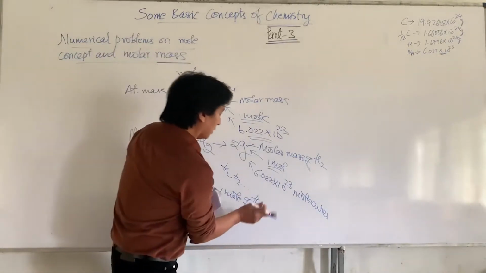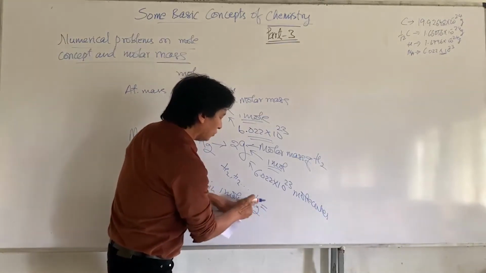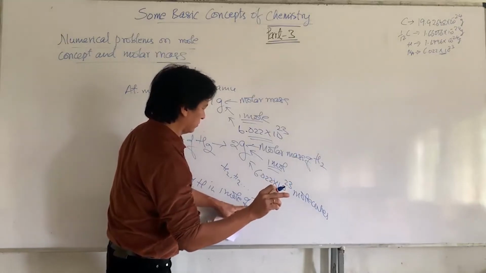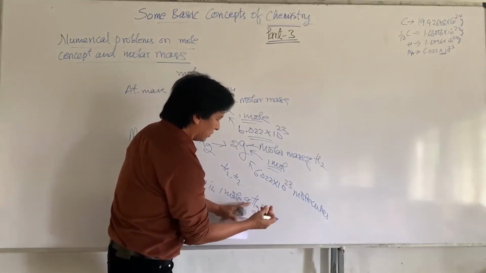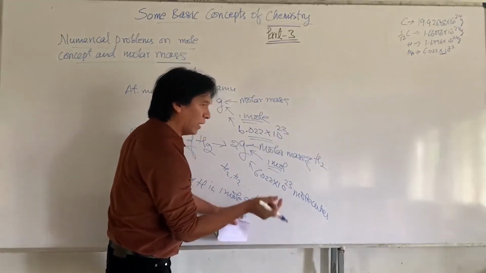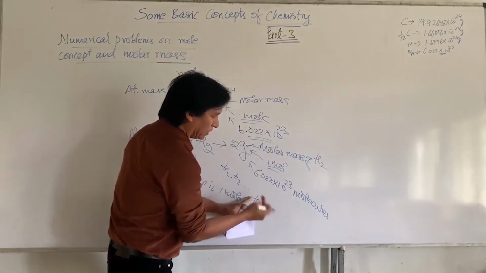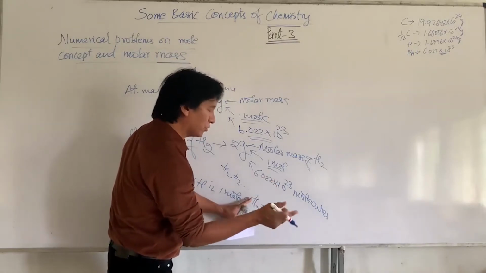In 1 molecule you have 2 hydrogen atoms, right? Suppose you have 2 molecules of dihydrogen, you will have 2 times that number. In 1 molecule you have 2 hydrogen atoms. In 2 you will have 2 into 2, 4.